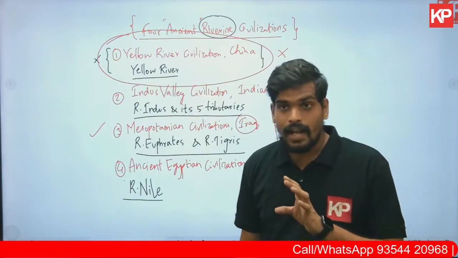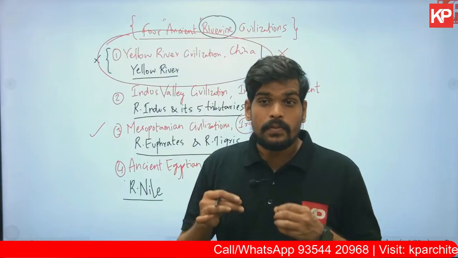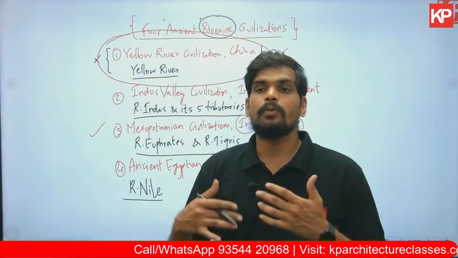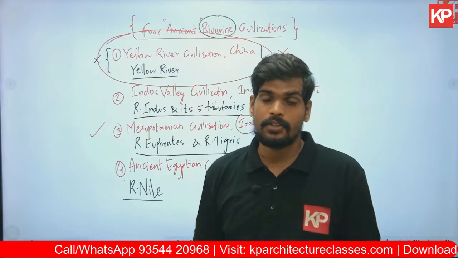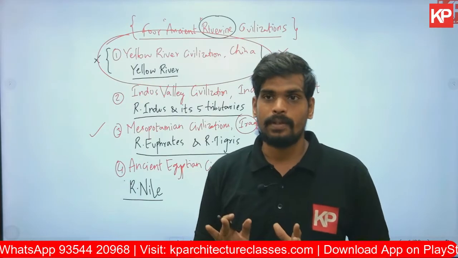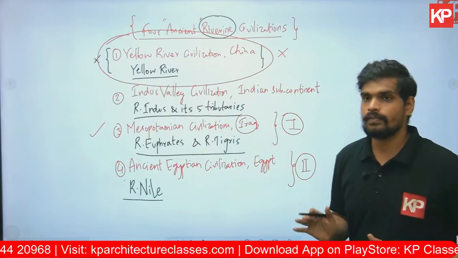Now also, with that said, this is all based on the known history. It is very much possible that archaeologists at this point of time don't know details about Indus Valley civilization, and actually Indus Valley civilization predates all these civilizations by a lot of time. That is also very much possible. So considering the known history, this is the chronological order which we are following.